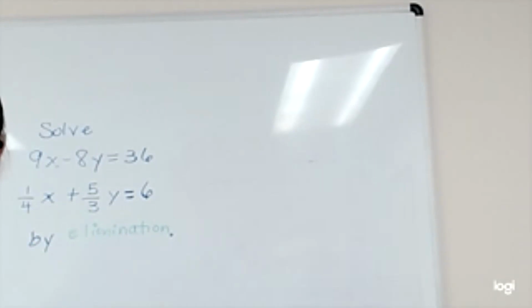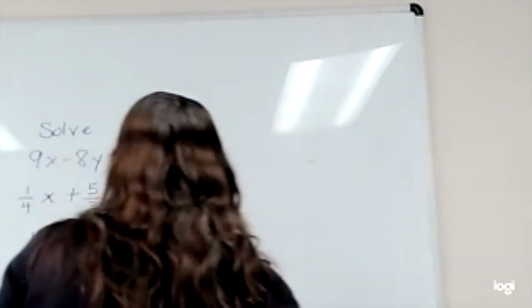I'm going to use the first equation to get rid of x in the second equation. What I'm going to do is take and multiply by negative 136, in fact.